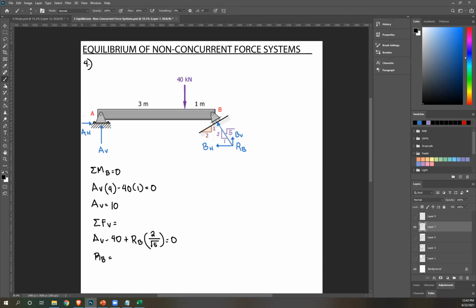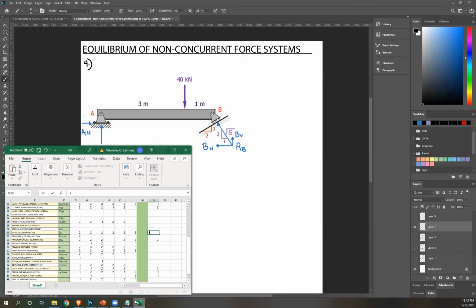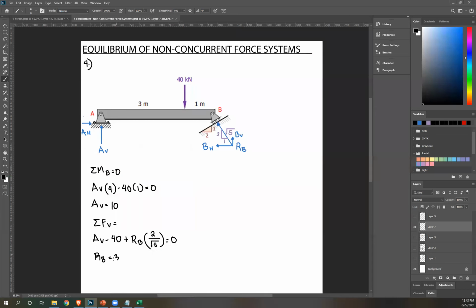Correct, Kenneth and Pamela. Now this is already the resultant reaction, right? So that's already your answer. We already solved for RB, not just BV and BH.